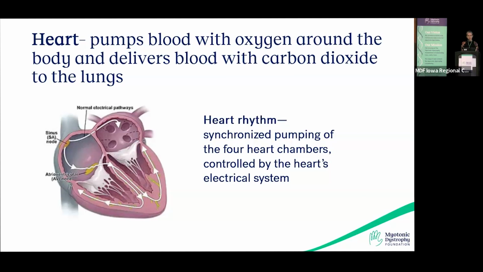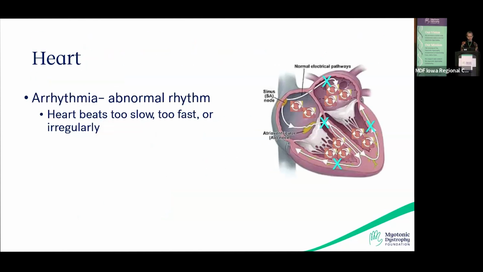The heart depends on its rhythm. So this is synchronized pumping of the 4 chambers of the heart, and it's controlled by the heart's own electrical system. So this photo is like cutting the heart in half and looking at the inside. There's 4 different chambers, and this is all surrounded by muscle. And within the muscle, there's the electrical system that causes the heart to pump.